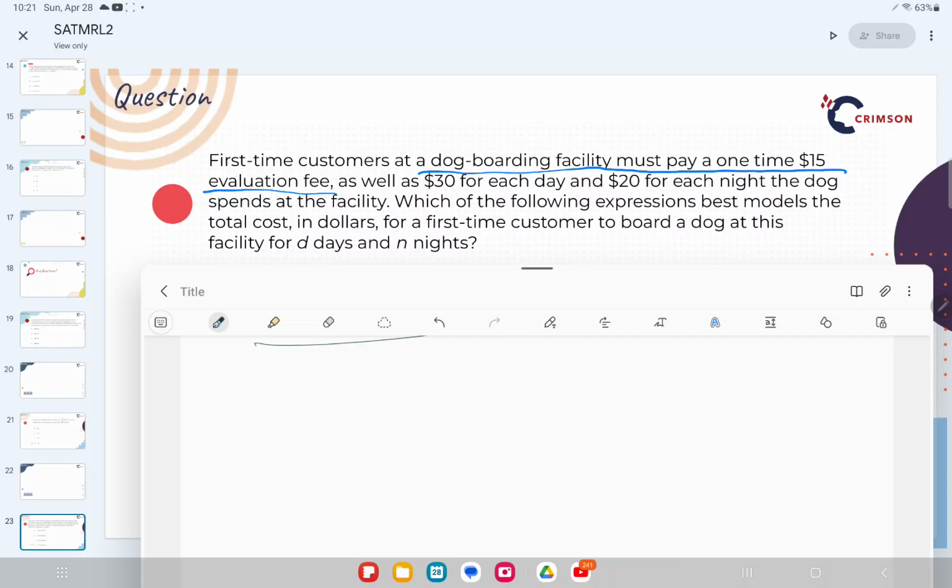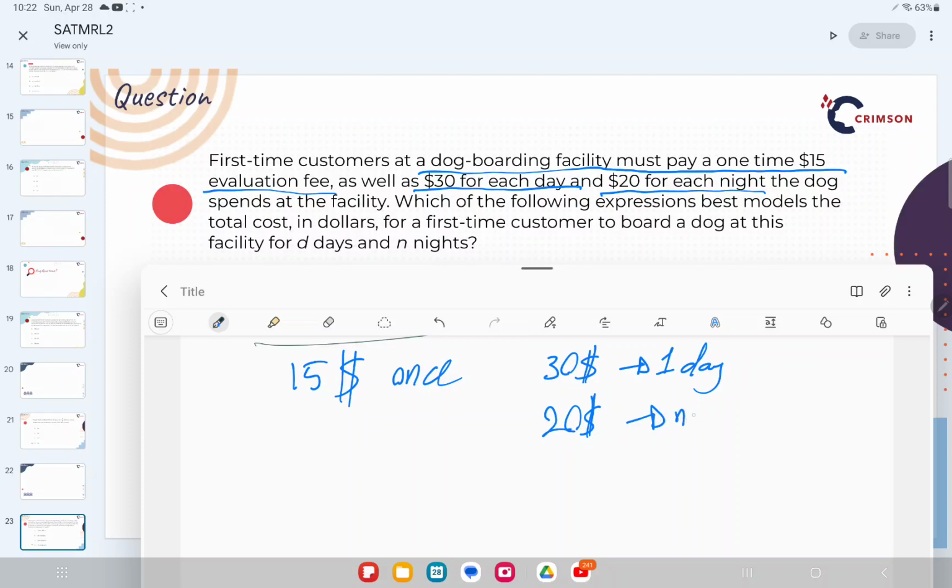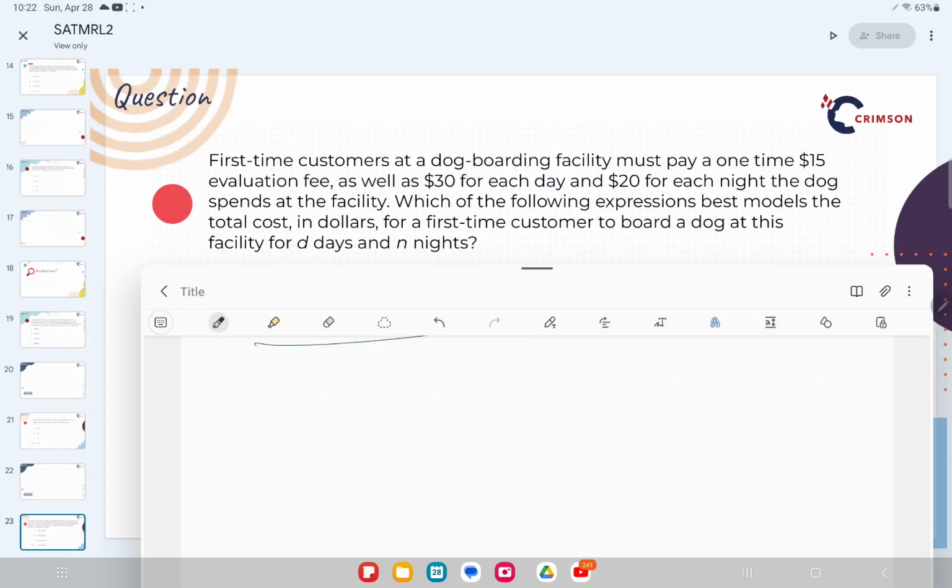So he needs to pay $15 once. $30 for each day, and $20 for each night.